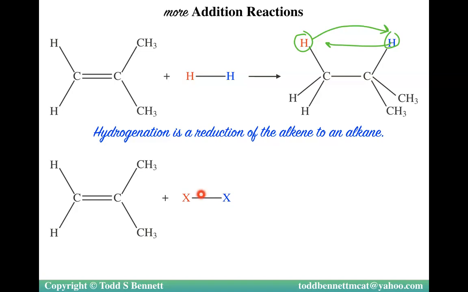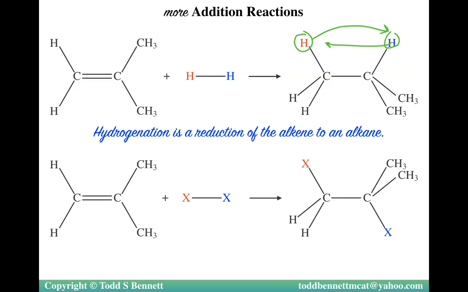But let's just think of it for now, at least, as two Cls or two Brs. Same story, this is going to come in, add one, get a carbocation, and the other one's going to go in. There's a few things in that mechanism that I will get to, but basically you add two X's. I've added them anti and want to emphasize this. So for the first time, I'm actually starting to give some hints about what we'll expect later.